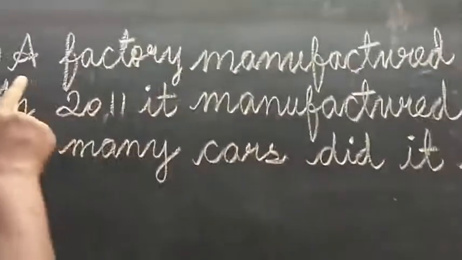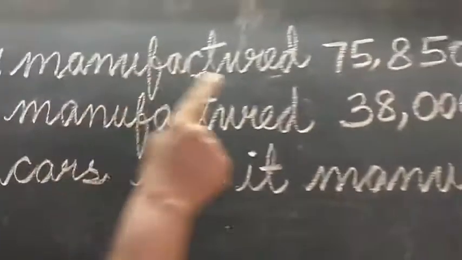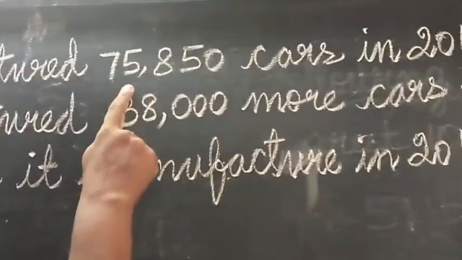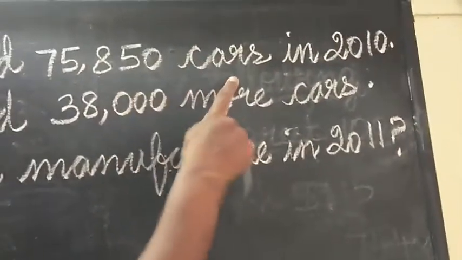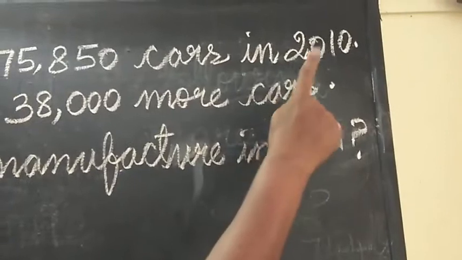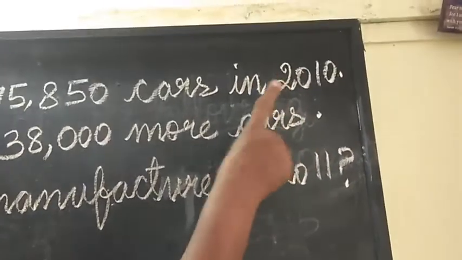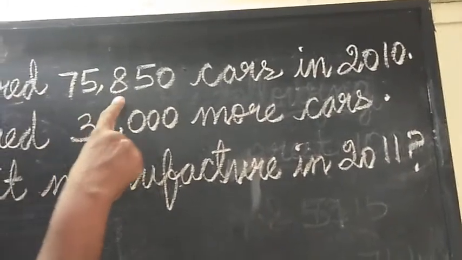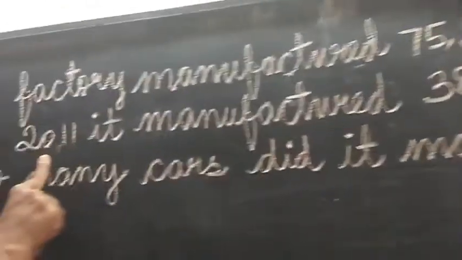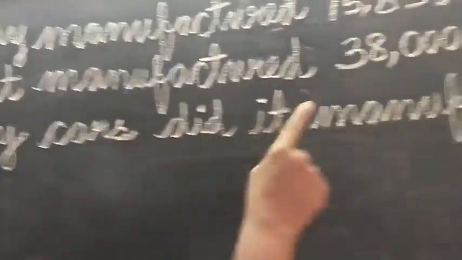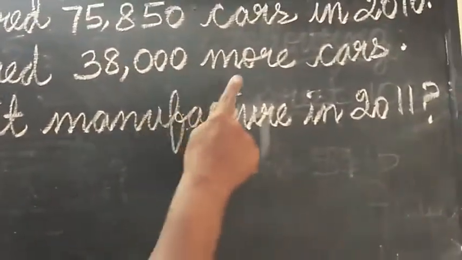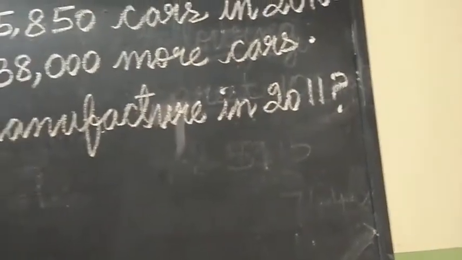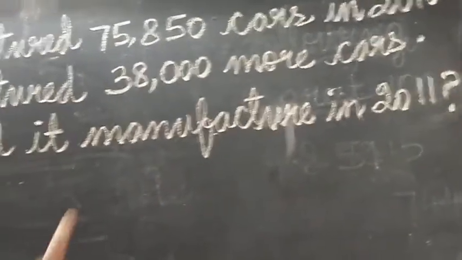Okay. I will read, children. A factory manufactured 75,850 cars in 2010. So in 2010, a factory manufactured how many cars? 75,850, and in 2011 it manufactured 38,000 more cars. 38,000 more cars means what?